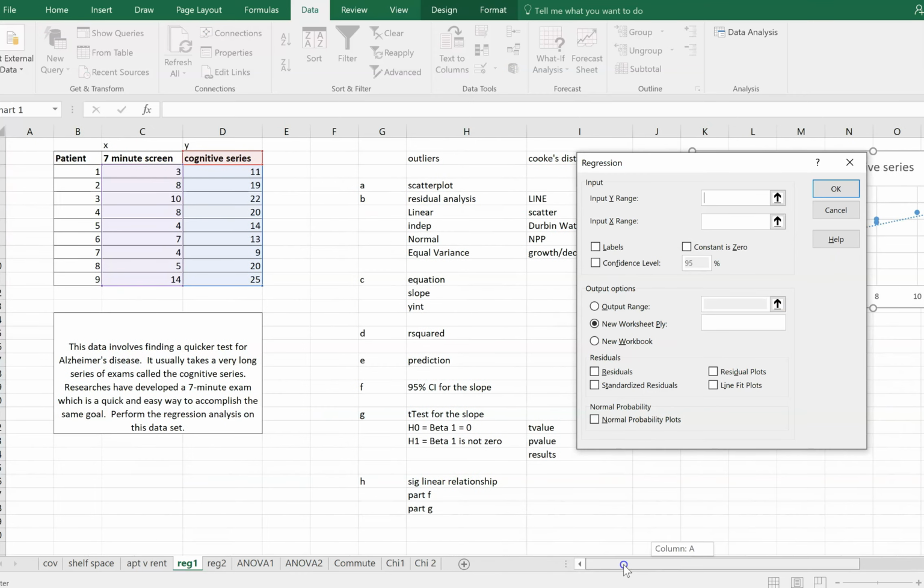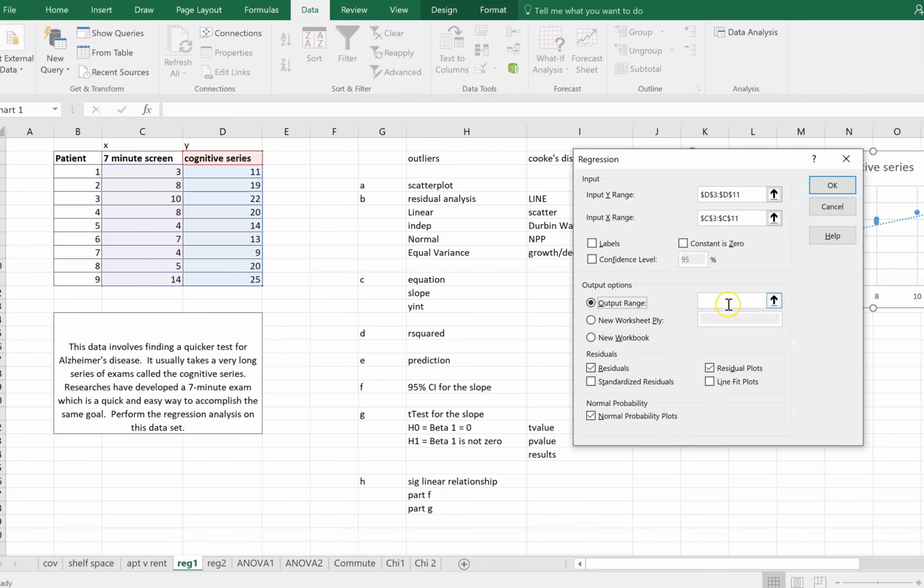It's asking me for the Y. Okay, the cognitive is the Y. It's asking me for the X. The 7-minute screen is the X. You got to always determine your X and Y. I did not click labels. I do not care about the constant as 0. I will want the residuals, the plots, and the normal plots. These are the 3 things I request. You can have all the rest, but these are the 3 things I request for my checking.